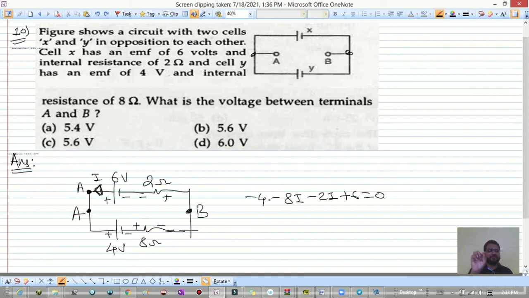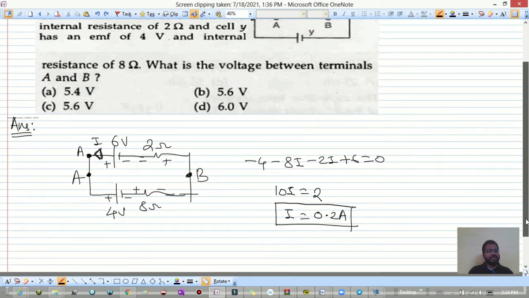Potential difference at the same point will be 0. So we have 10I is equal to 6 minus 4 plus... so it will be 2. So I is equal to 0.2 ampere.